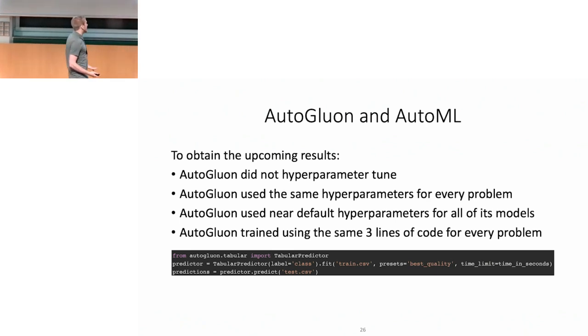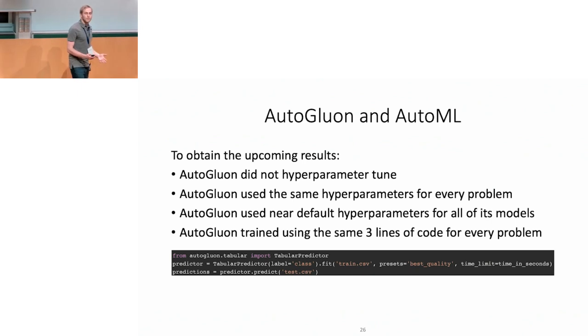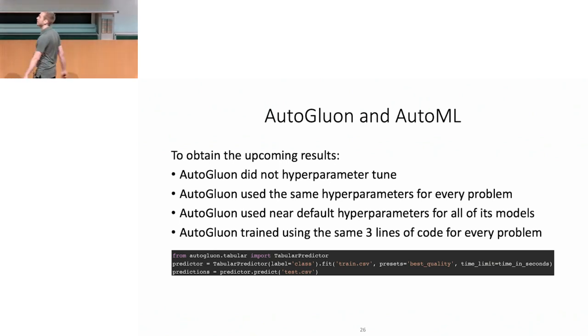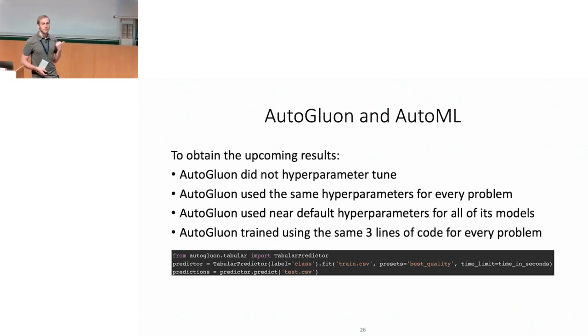Specify your training data. Specify the preset, such as best quality. And specify your time limit. How long do you want it to run for? Then it's going to do its magic. And then you just call predictor.predict and pass in your test data, and now you have your predictions. That is your solution. Whether you want to call what AutoGluon does complex or not, I would say this is pretty simple in terms of how the user interacts with it.